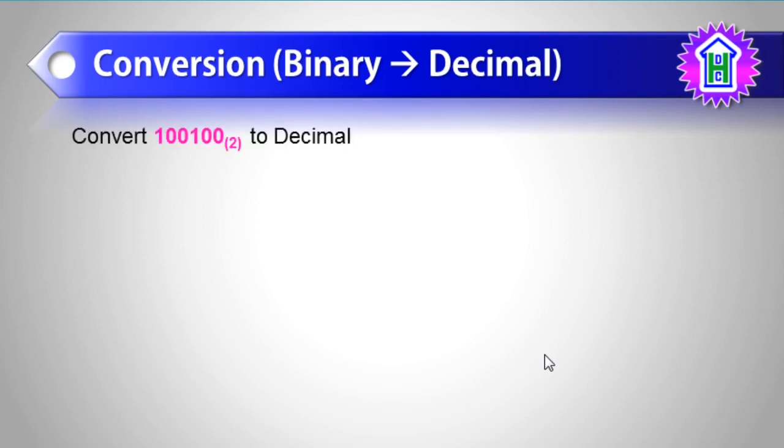Again we are converting 100 in binary to decimal. Let us find out the target number system, which is decimal.